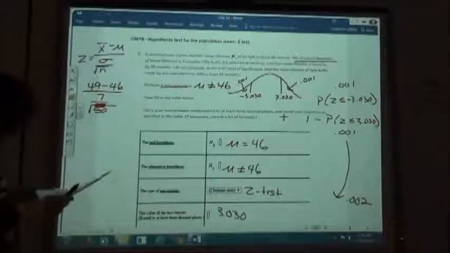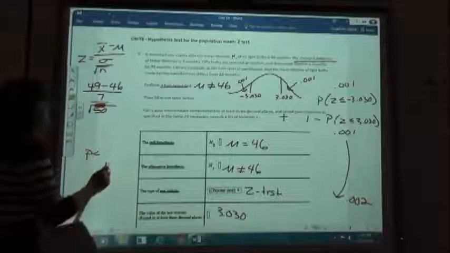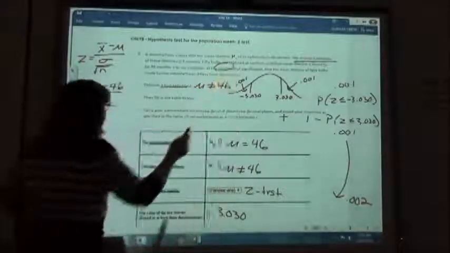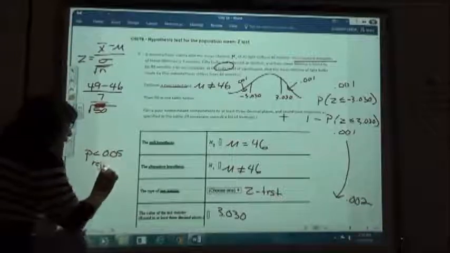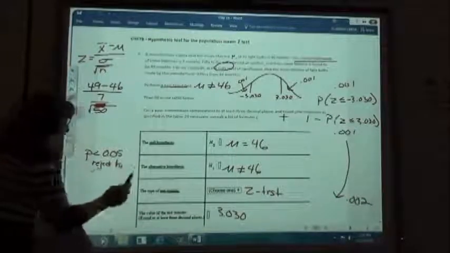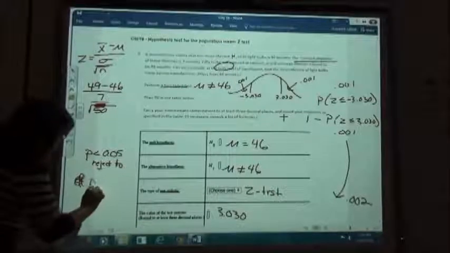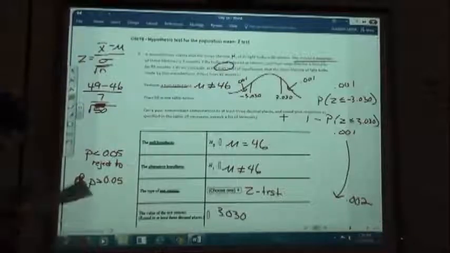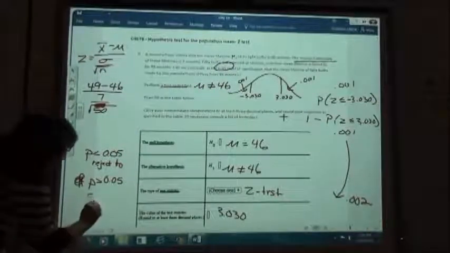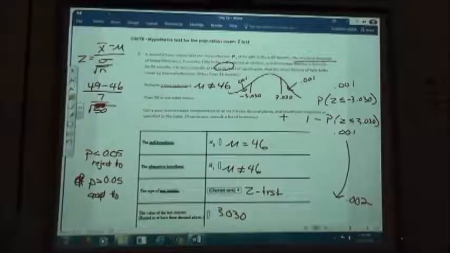If p is less than the significant value, which in this case is 0.05, we're going to reject the null. If p is greater than the 0.05, then we are going to accept the null.